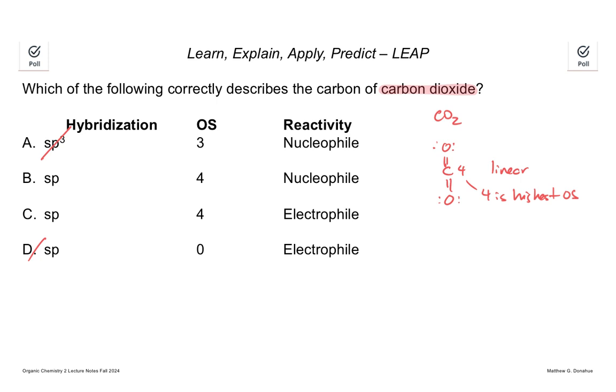Chemically, what that tells us is that it has to act as an electrophile, because the oxidation state can only drop down. And so that eliminates B, and we're left with C.